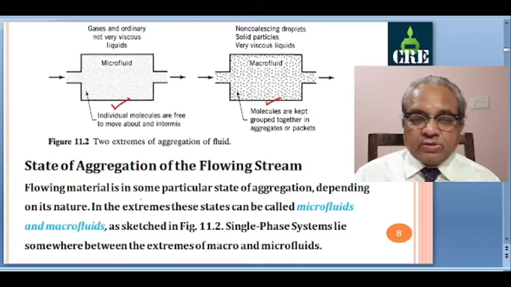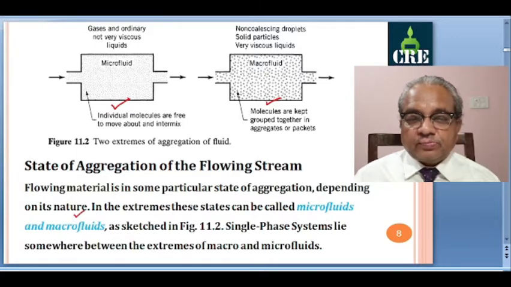So non-viscous, water-like mostly, will be close to microfluid state, and viscous or solid particles will be considered as macrofluids.